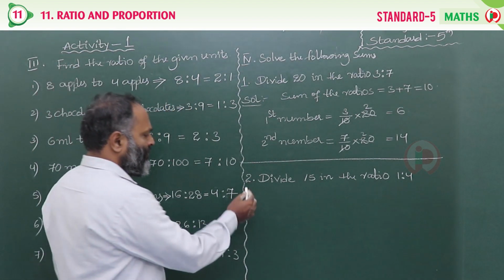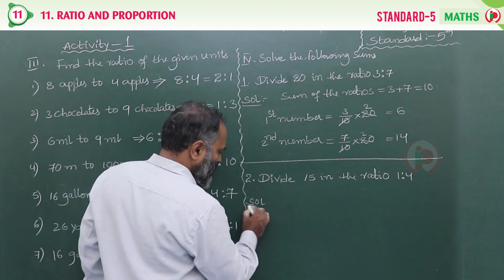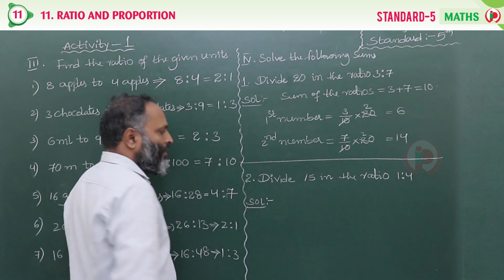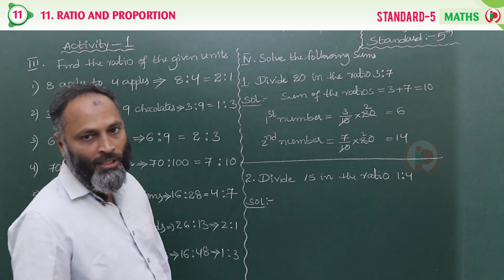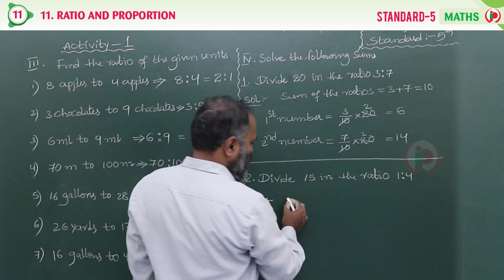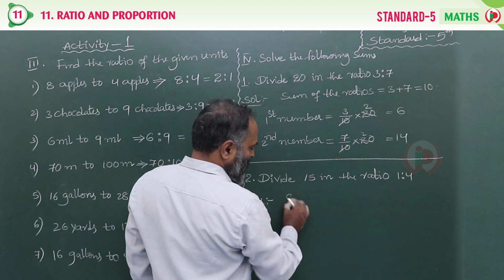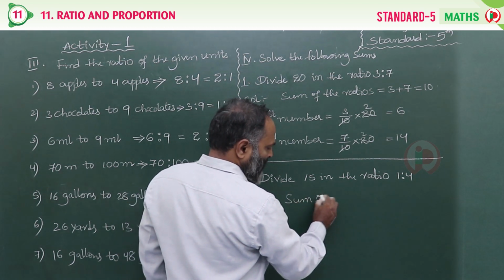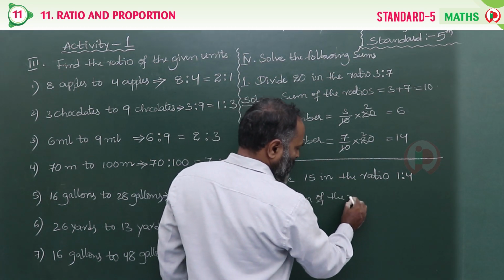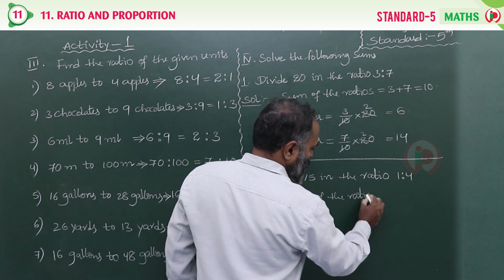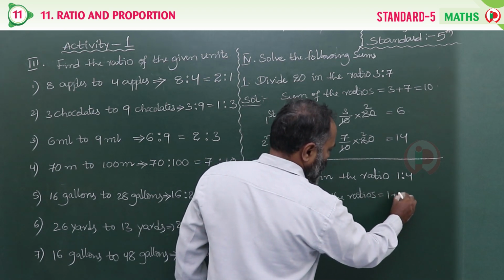Now divide 15 in the ratio 1 is to 4. The sum of the ratios again, that is 1 plus 4, that is 5.